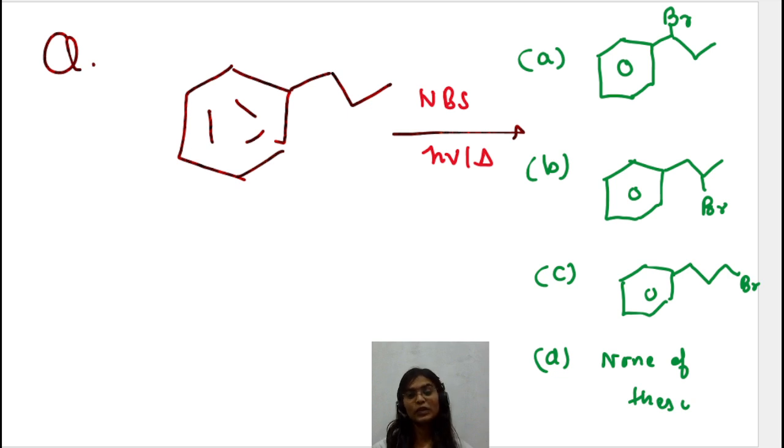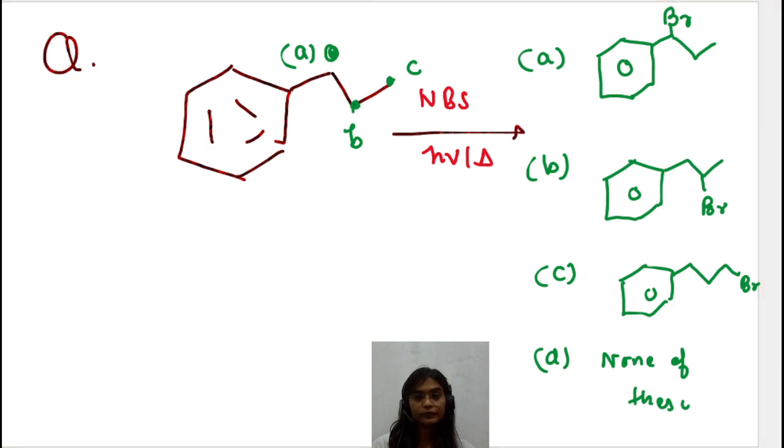Let's see the correct answer. This is my benzene. There are options for you. This is radical A, this is radical B, and this is radical C. So which radical is more stable?